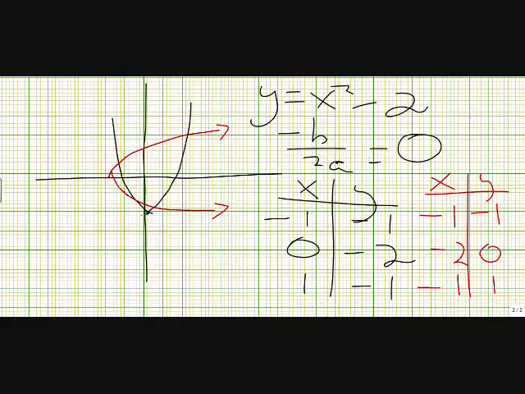I made those the outputs on the table in red. To get the points in black, I used the vertex in the middle and then chose one number less than the 0 and one number greater than the 0, and then to get the y's, I put those numbers into x squared minus 2 to calculate the y's.